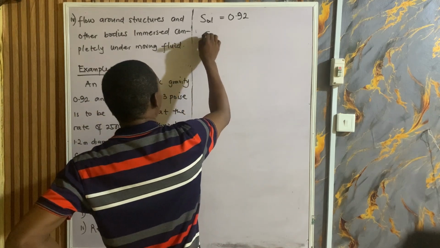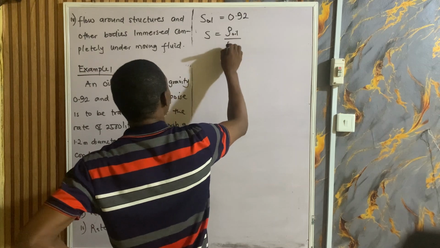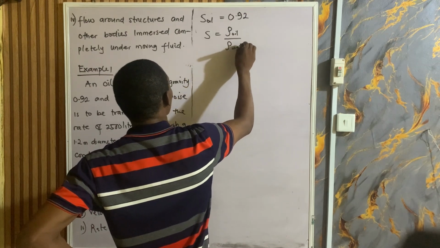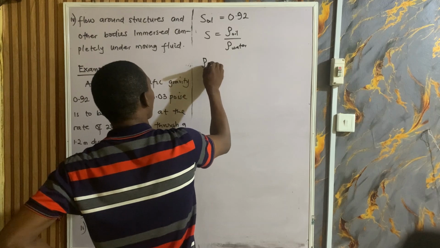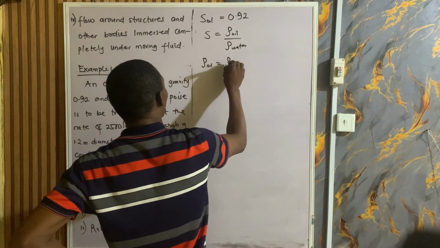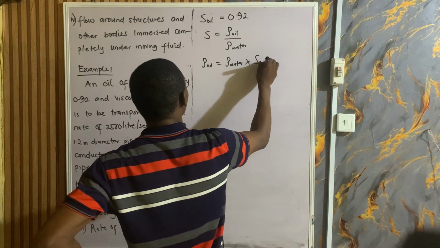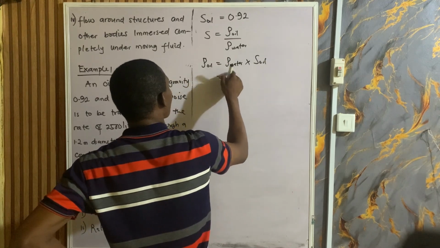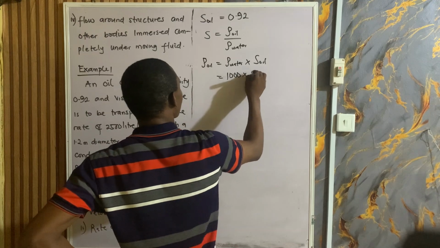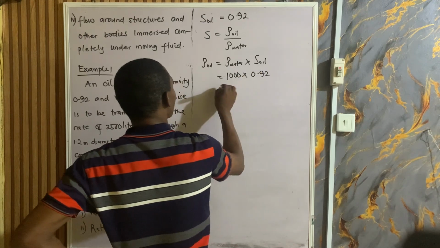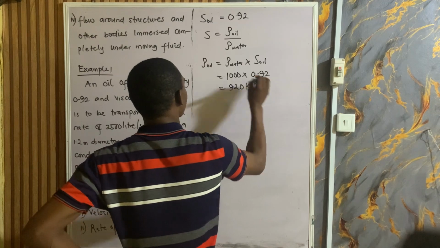We know that specific gravity is density of oil over density of water. So density of oil is equal to density of water times specific gravity of the oil. So that will give us density of water, known as 1000, times 0.92. So this is 920 kilogram per meter cube.